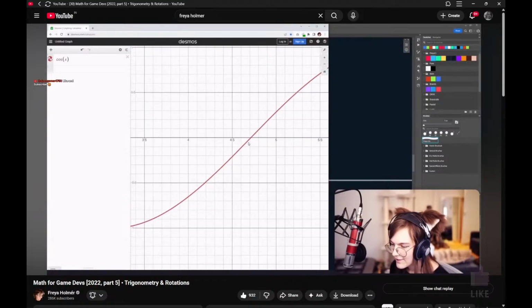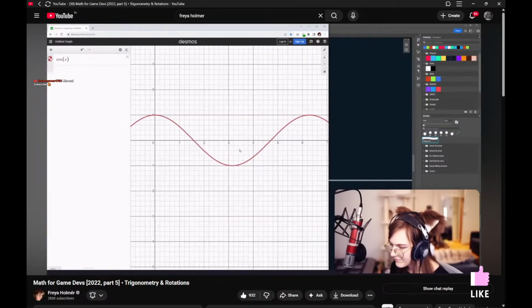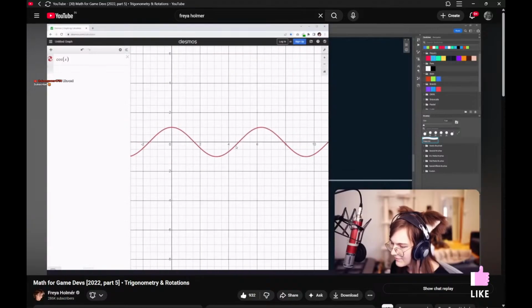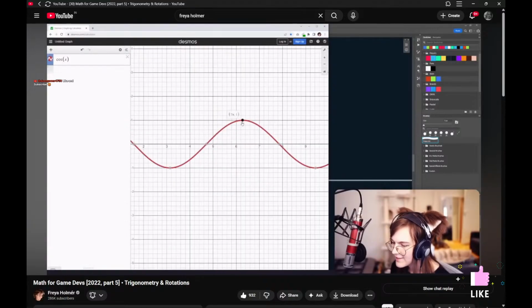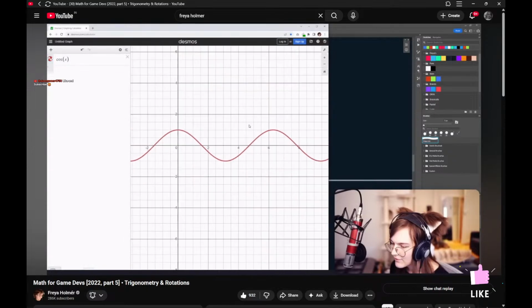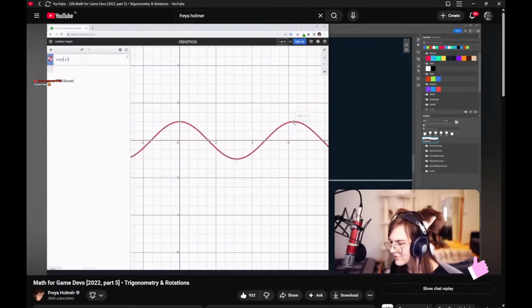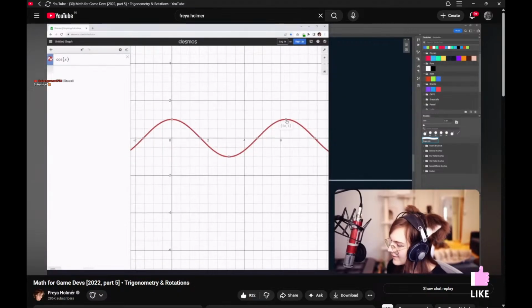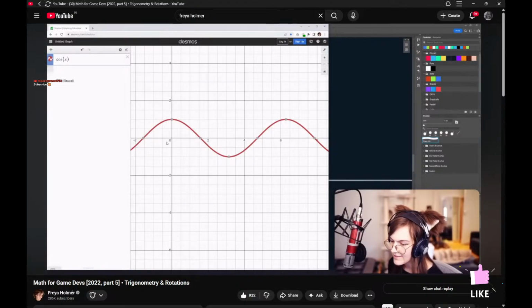Notice where it stops, the peak here. The whole period repeats after exactly tau. Well, it says 2 pi because they're cowards. You can see that it uses radians as the angle, 6.28.